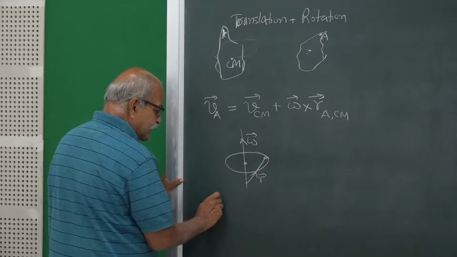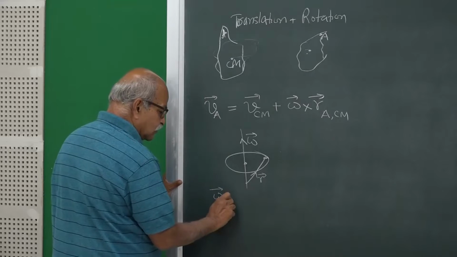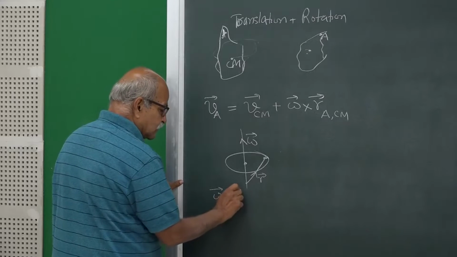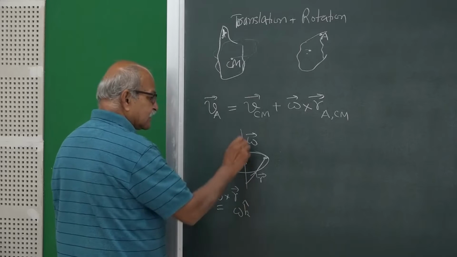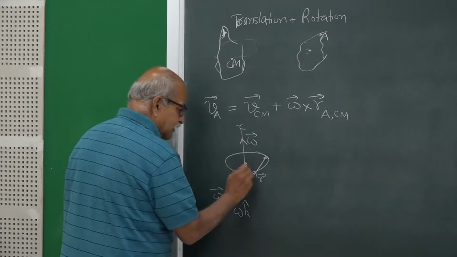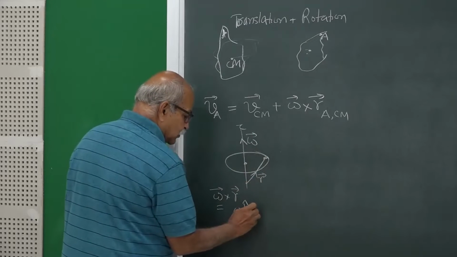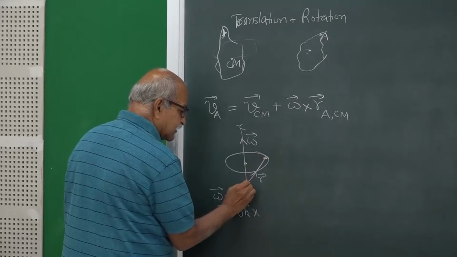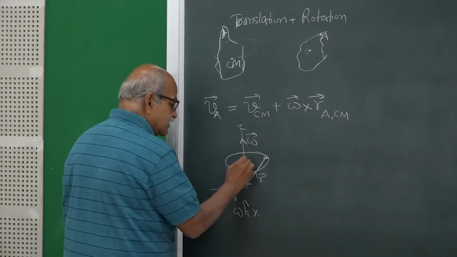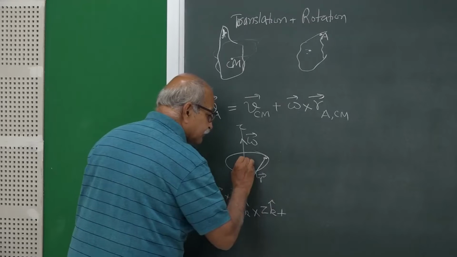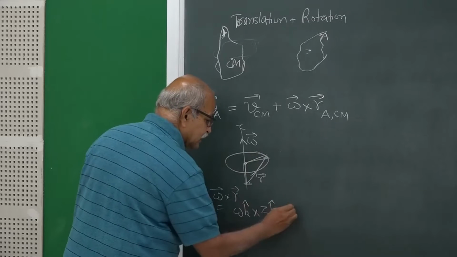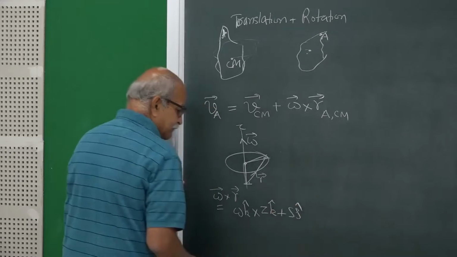How can we see it? Omega cross r: omega is omega in the z direction, suppose this is the z direction, and we will use cylindrical coordinates. So, this r vector is z in the k cap direction plus s in the s cap direction.